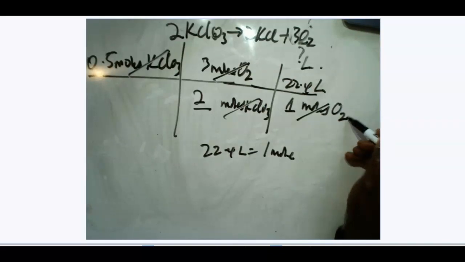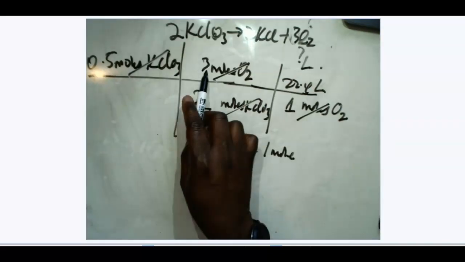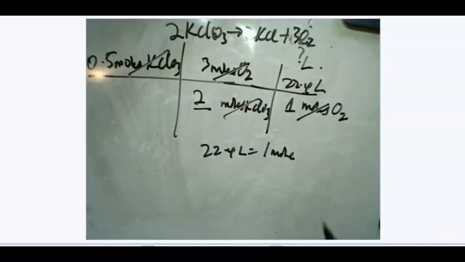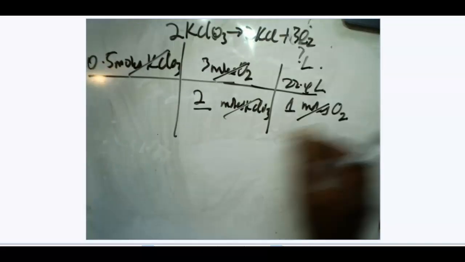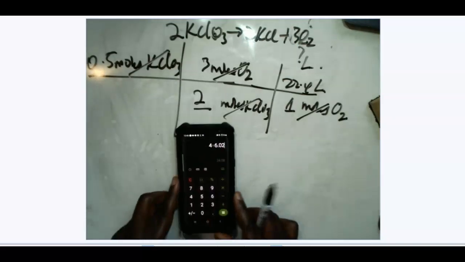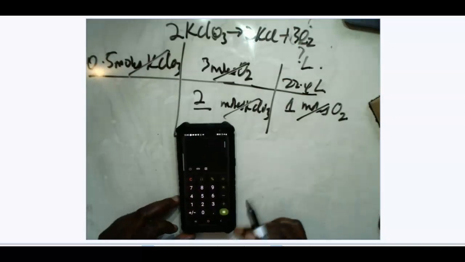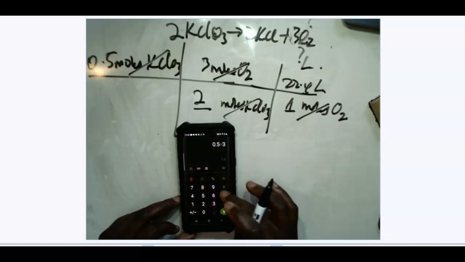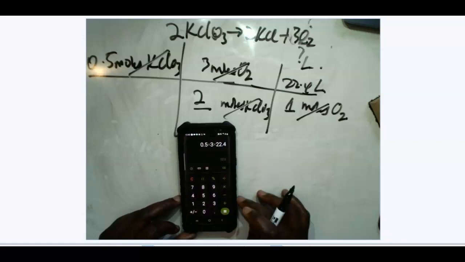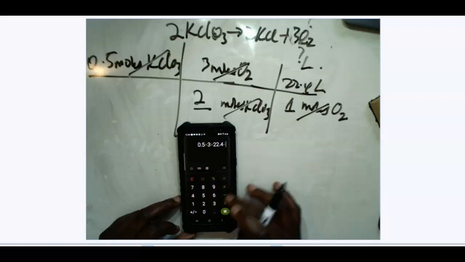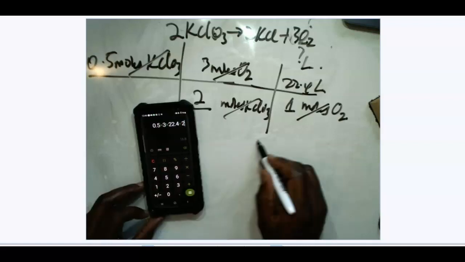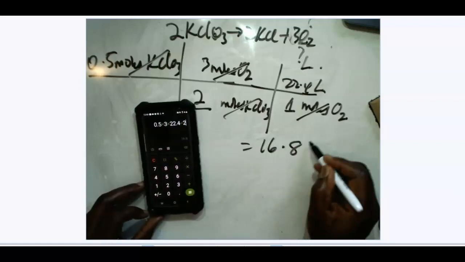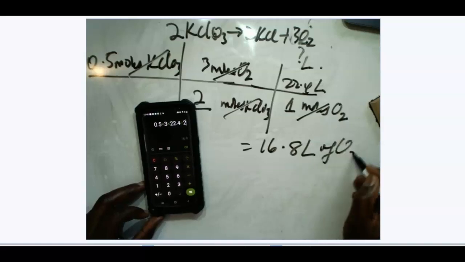So what you have is 0.5 times 3 times 22.4 divided by 2. That will give us 16.8 liters of oxygen.